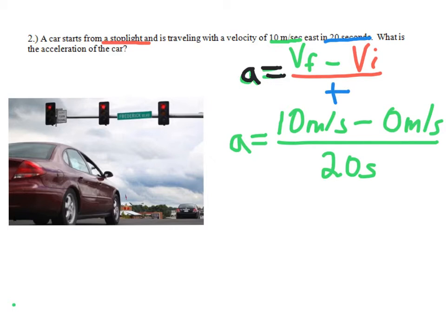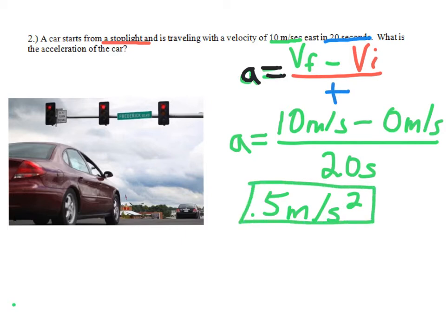So now all we do is plug it into our calculator, and the answer that we're going to get is 0.5 meters per second squared. Once again, this number is our time, so it goes on bottom. And this number is our V initial, 0.